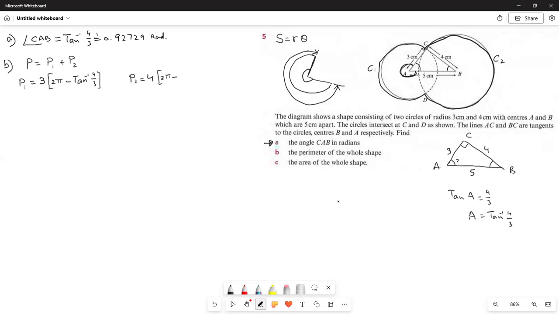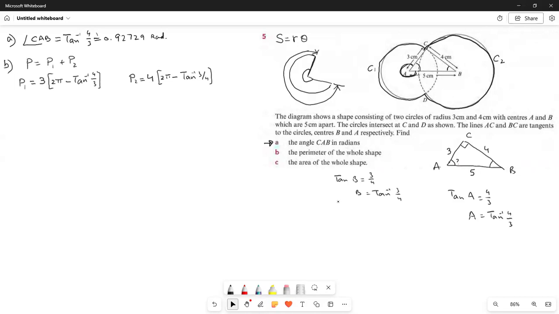You can see that tangent of B is equal to 3 by 4. So angle B is equal to tangent inverse 3 by 4. So here I will have minus tangent inverse 3 by 4.